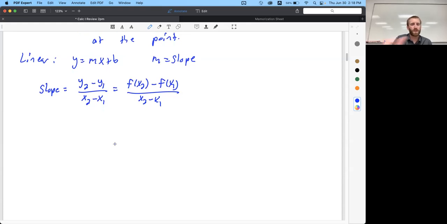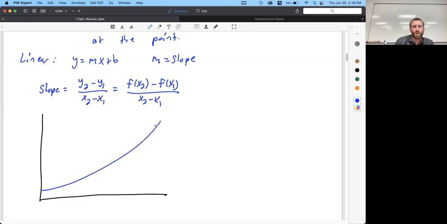So we're going to take this idea and apply it to functions that aren't always just a straight line. And so let's look at an example where we have a curve that looks like that. Okay, it's not straight. And let's say that we want the slope at this particular point right there.